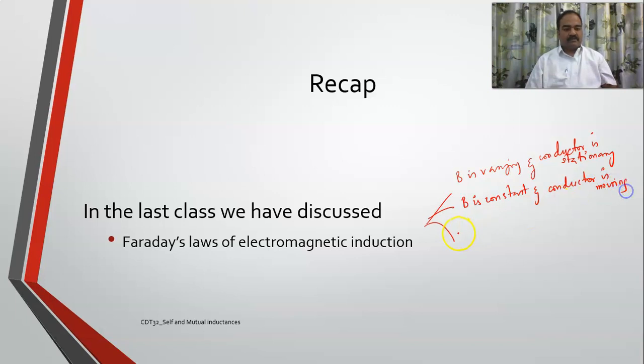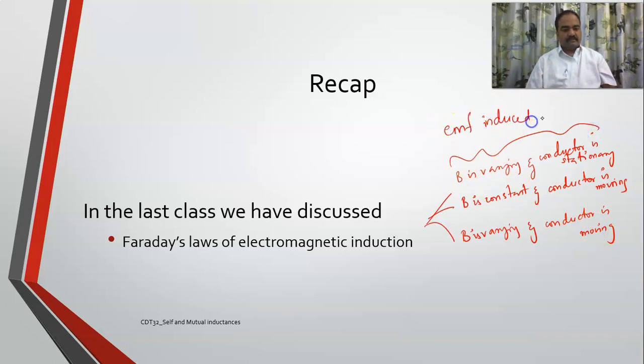And we also saw that B is varying with respect to time and the conductor is also moving. For each of these we have seen what EMF is induced in the conductor. This is what we discussed in the last class, and we also solved problems on this.